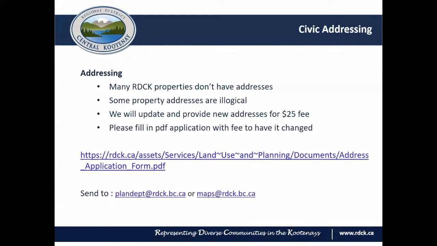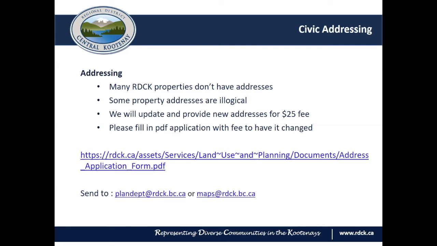So you can reach out to us. There is a $25 fee to assign addresses, but certainly it can be very helpful in advertising a property and finding a property. And so we welcome partners to work with us and increase the amount of civic addresses in the region.